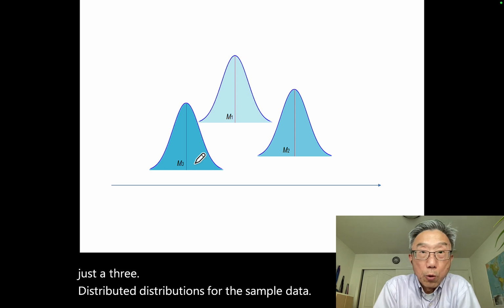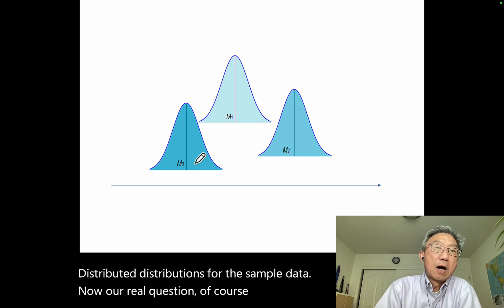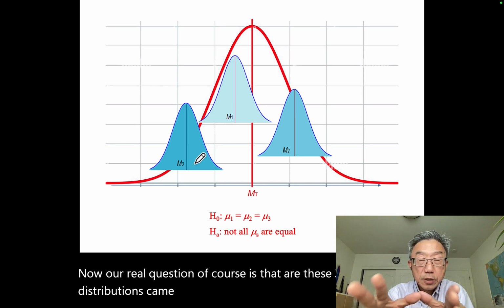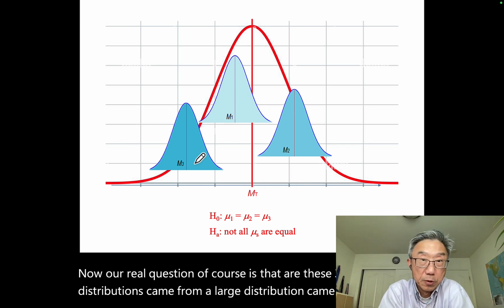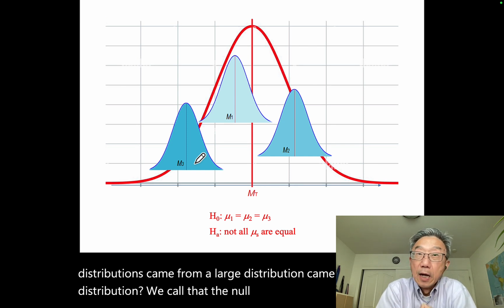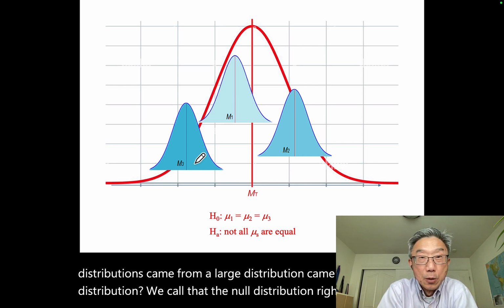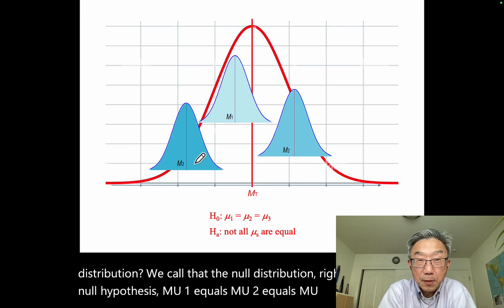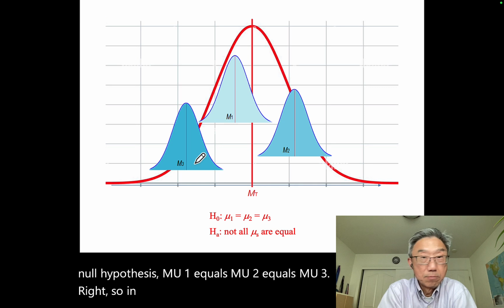Now, our real question, of course, is whether these 3 sample distributions came from a larger distribution, from the same distribution. We call that the null distribution, right? Under the null hypothesis, mu1 equals mu2 equals mu3, right? So in that case, there's no difference.